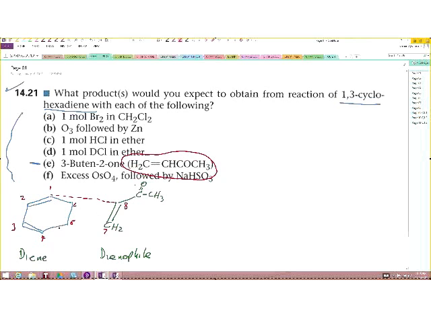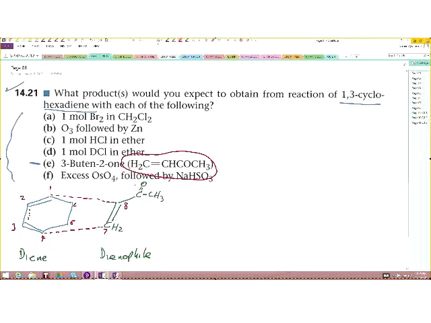One and 8, and which one? 4 and 7. Excellent. So we are going to have an attachment between 1 and 8 and 4 and 7, and then the new carbon-carbon double bond that will be formed, where would that be? Between 2 and 3. Very good. So right here. Okay, excellent.